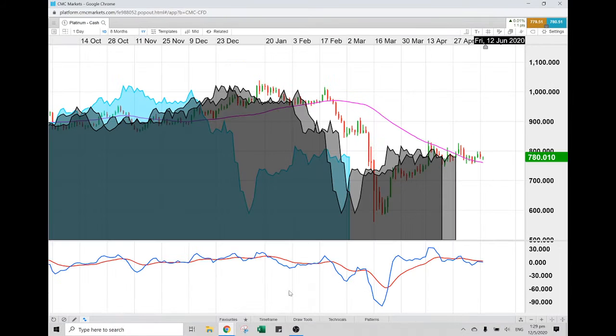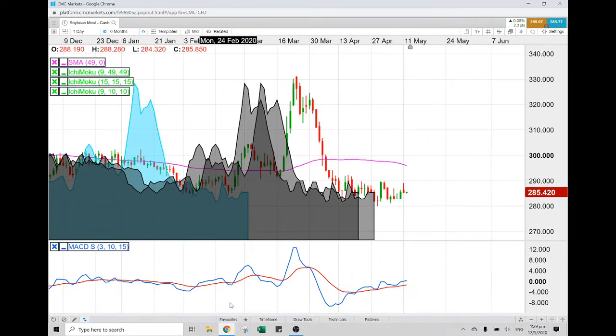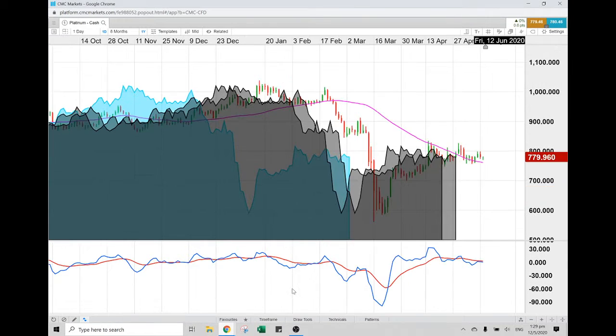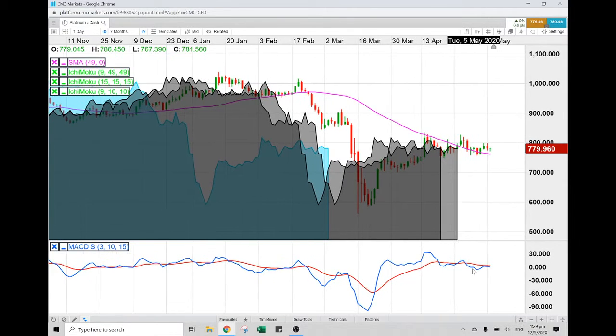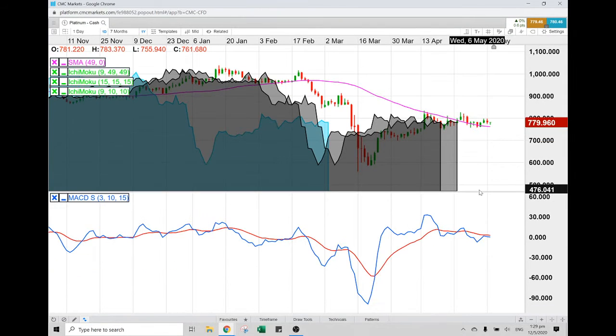and we're gonna look through platinum and soybean commodity. Okay, so we're gonna start off with platinum. So first off, trend is down based on the simple moving average 49, and red line is down, blue line is down.